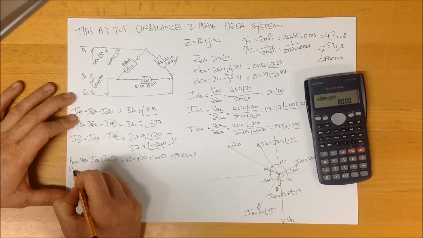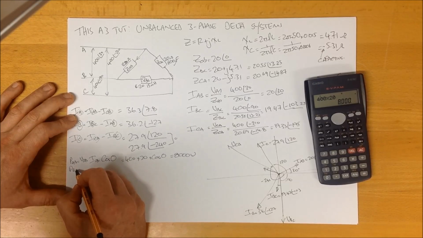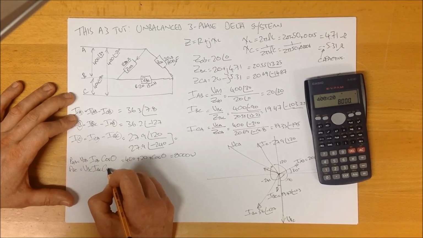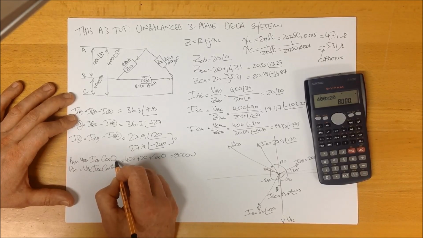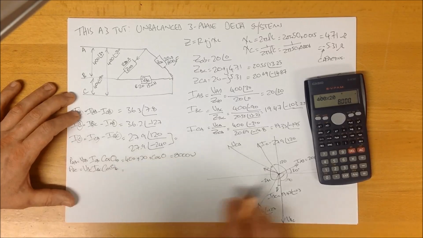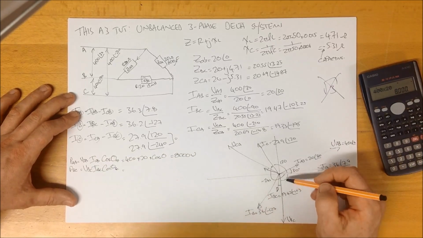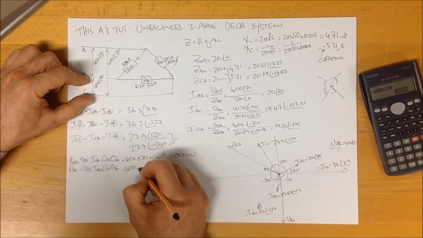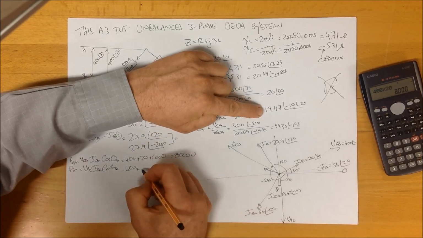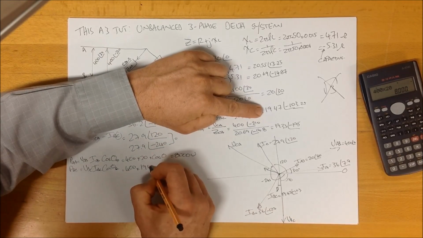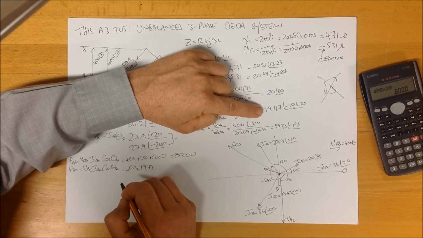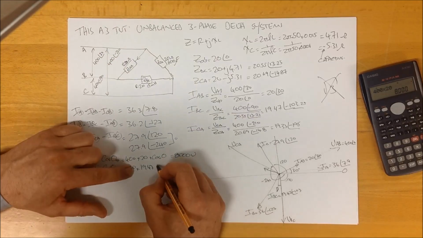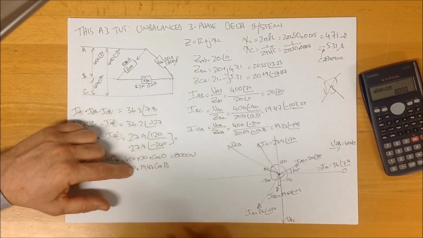The power in BC is VBC times IBC times the cosine of the angle BC. VBC we've already established is 400 volts. IBC is 19.47. The angle is 13 degrees, times the cosine of 13.